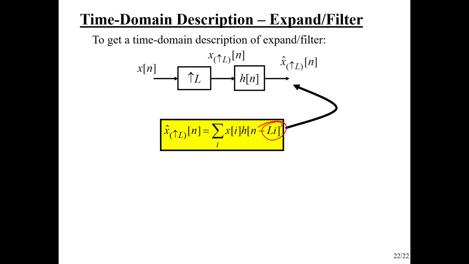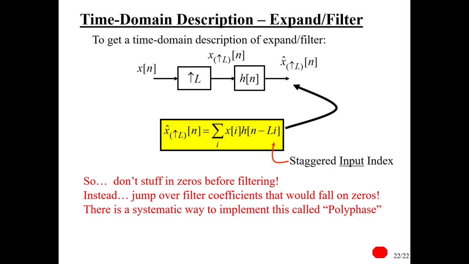I'm skipping every L-th value of the impulse response shifted to that position. So that is a staggered input index in some sense. And so we don't stuff in zeros before the filtering. Instead, we just take our samples, put them in here, and apply essentially a staggered set of impulse response values. And again, the systematic way to do that is called polyphase filters.